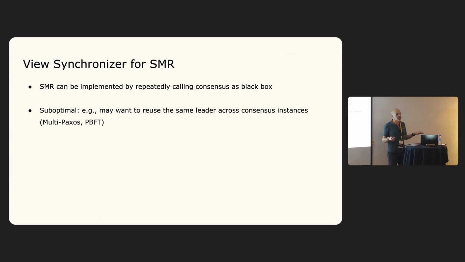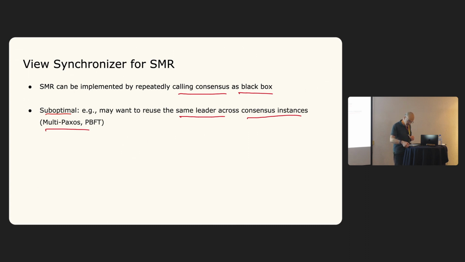So we can implement state machine replication by repeatedly calling consensus as a black box, so we can essentially reuse the same solution as I presented before. But this would be suboptimal because in many situations we would like to reuse the same leader across multiple consensus instances. So we don't want to change the leader every time we change the view.